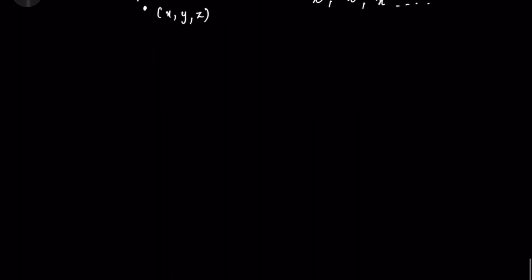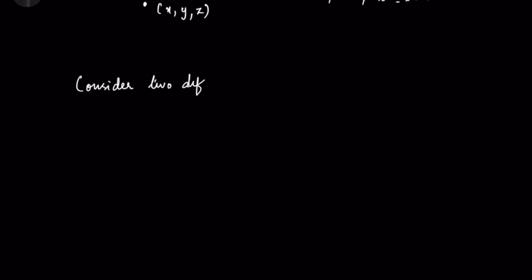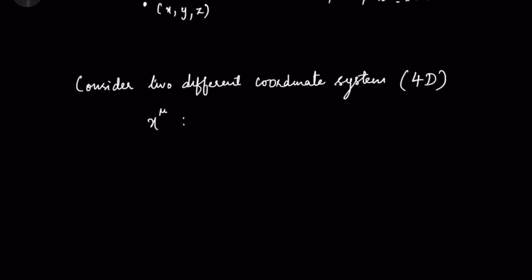Now, if that is the case, just consider two different coordinate systems in 4 dimensions. The first one, let it be x mu, where the coordinates are given by x0, x1, x2, and x3.